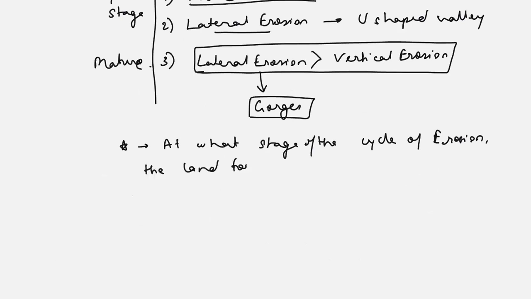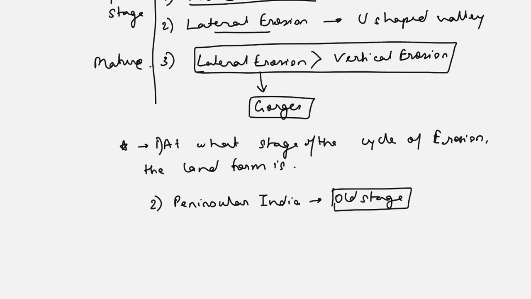Second thing, what we will see here is that if we look at peninsular India, most of peninsular India is present in the old stage. Okay, it is present in the old stage. They have crossed the mature stage. So here, whatever reliefs are present, they are more towards the peneplains.